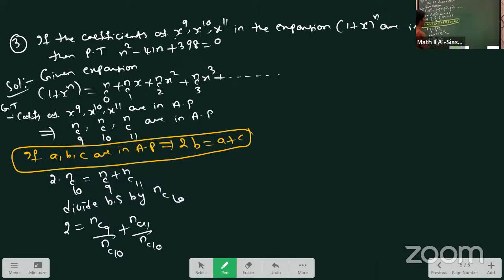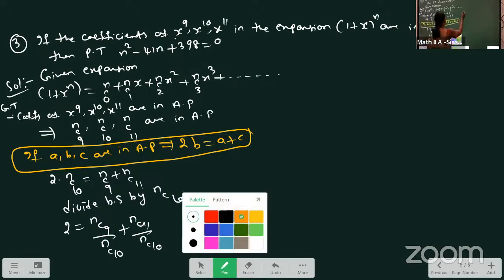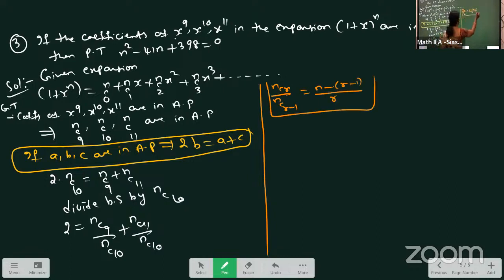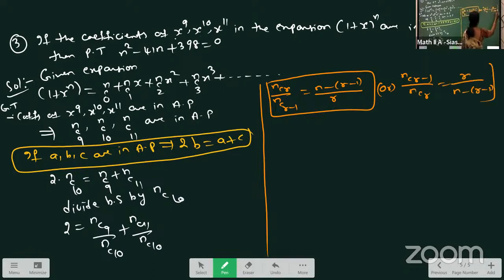Now again apply the concept. Which concept? We have this concept: NCR by NC(R minus 1) is equal to (N minus R plus 1) by R. Or you have it like this also: NC(R minus 1) by NCR is equal to R by (N minus R plus 1).